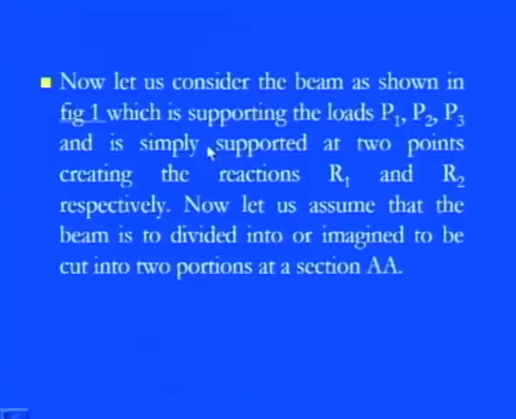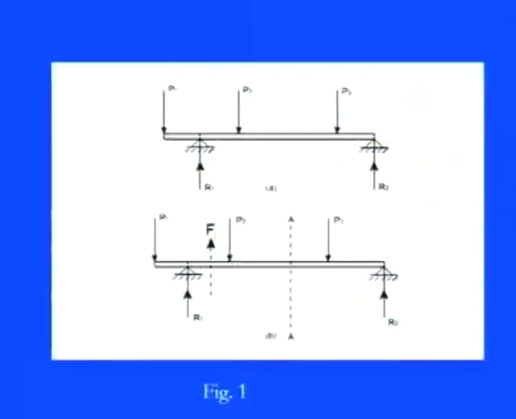So this beam is supporting the loads P1, P2 and P3, and it is a simply supported beam because there are two different joints, and at these two contacting points where the supports are, we have the two reactions, as shown in the previous diagram, R1 and R2. Now we assume that the beam is divided in an imaginary way by section AA, as you can see, into two parts.